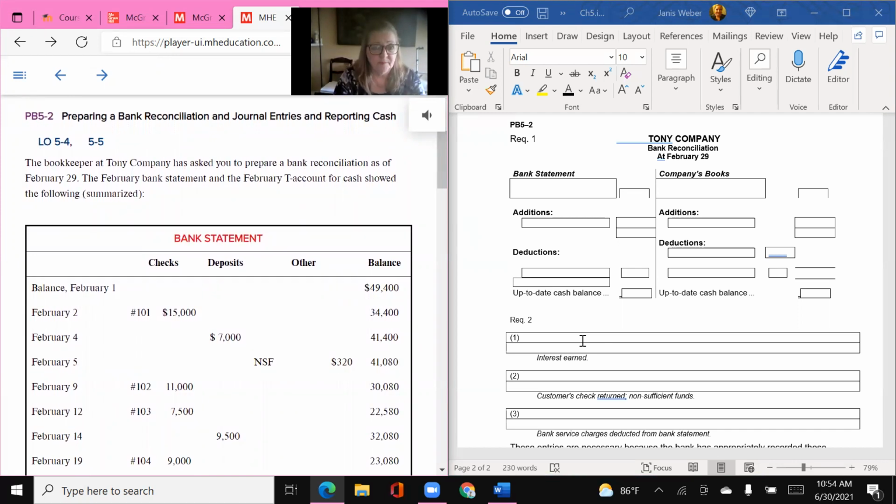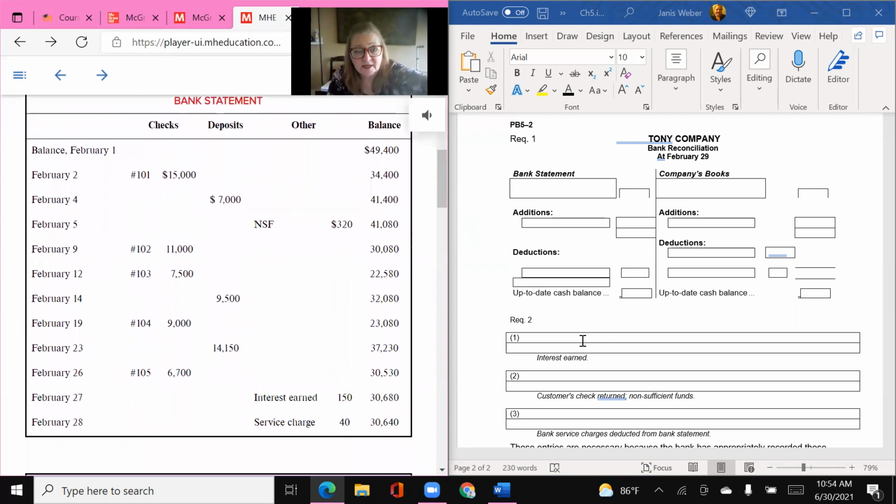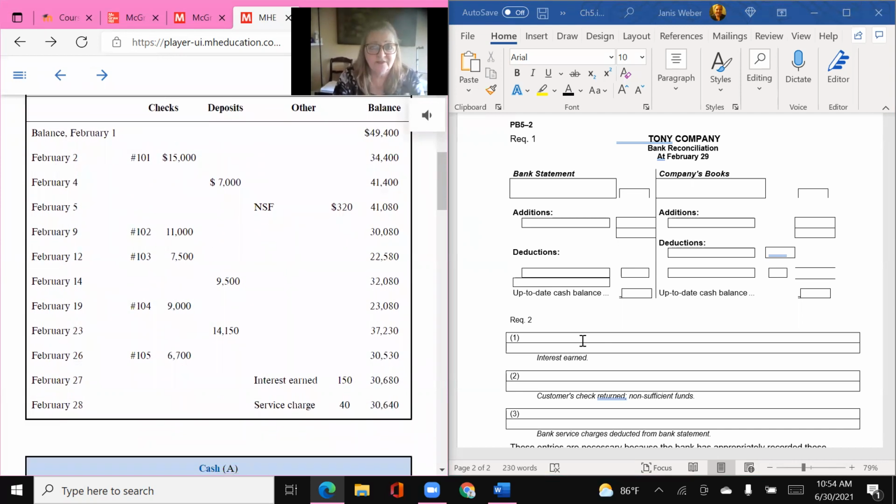The bookkeeper of Tony Company has asked you to prepare a bank reconciliation as of February 29. The February bank statement and the February T accounts are provided here. So we got the bank statement. It shows all the different activity that happened. It shows first checks, and then the next column is deposits, and then other transactions. One was an NSF check.